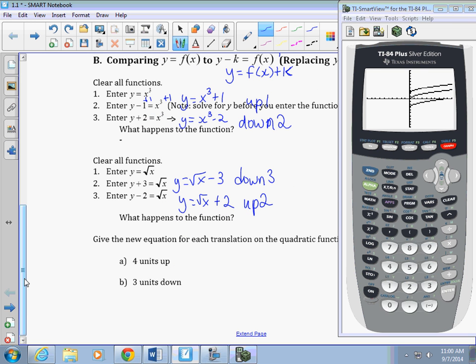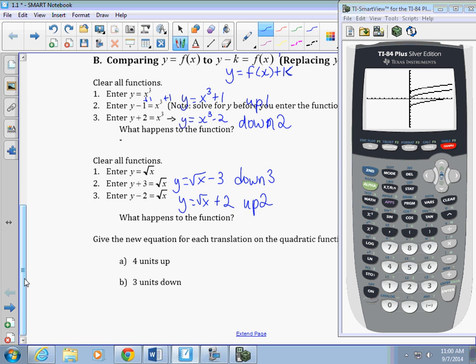So what happens to the function? Well, if you are adding 3, it's going to move it up. And if you are subtracting, it's going to move it down. So it's affecting where the y is being placed. It says, now give the new equation of the translation of the quadratic function y is equal to x squared.